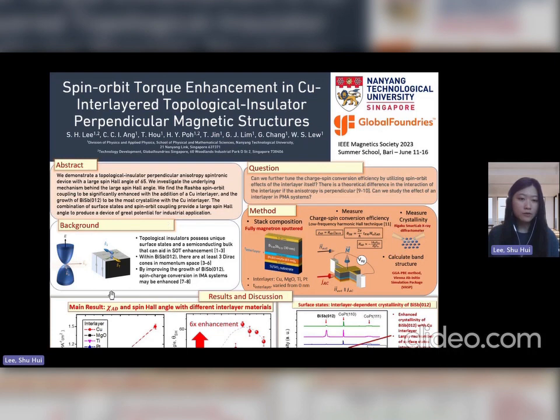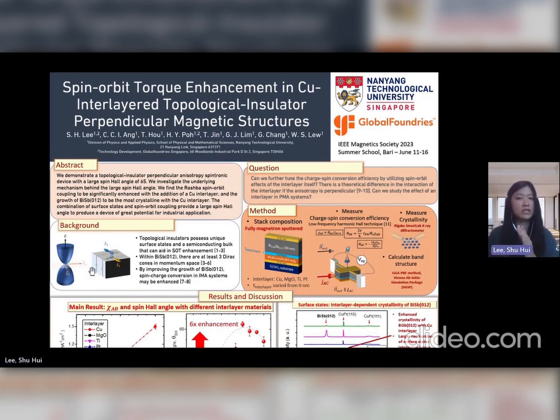As background, I'll give you some background about topological insulators. Here is an illustration of a Dirac cone in momentum space. Three-dimensional topological insulators have Dirac cones, especially bismuth antimony, which is the topological insulator that we are dealing with in our work. It was the first theoretically predicted and experimentally realized three-dimensional topological insulator in which there are characteristic chiral edge states that I illustrate here.